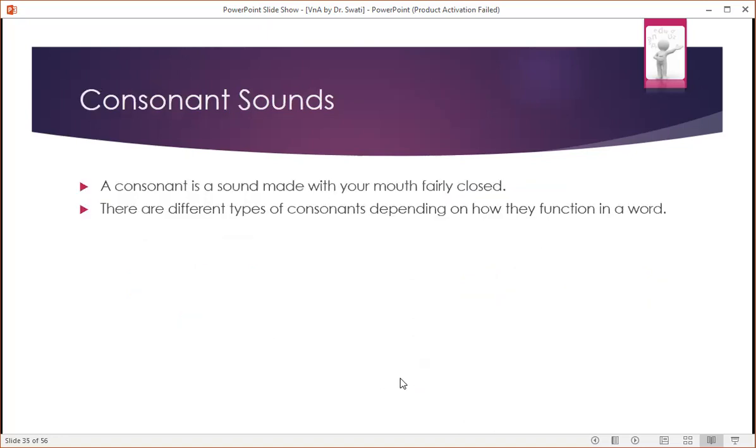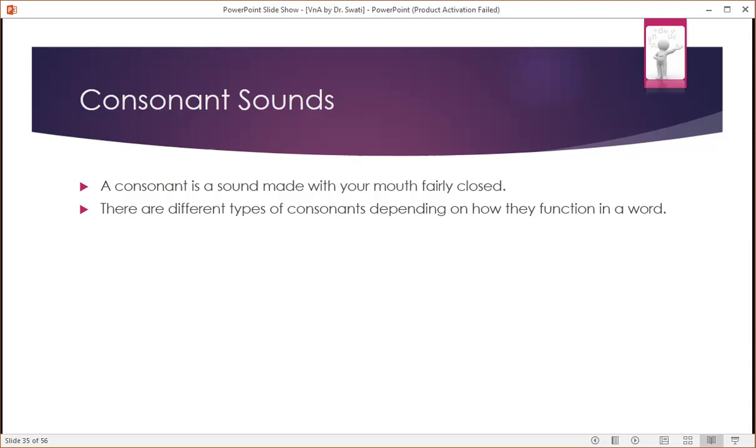Let's first understand a little bit more about consonant sounds. A consonant is a sound made with your mouth fairly closed. Okay, so if you say B, C, most of these consonants, when you say them without any vowel in them, then it is a closed sound.